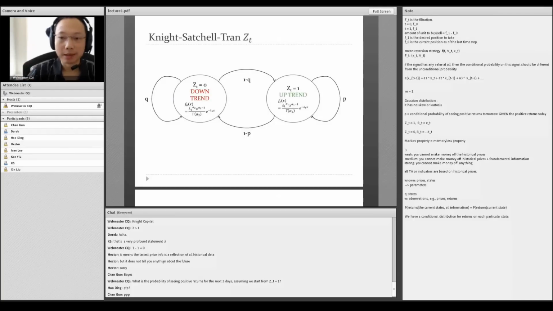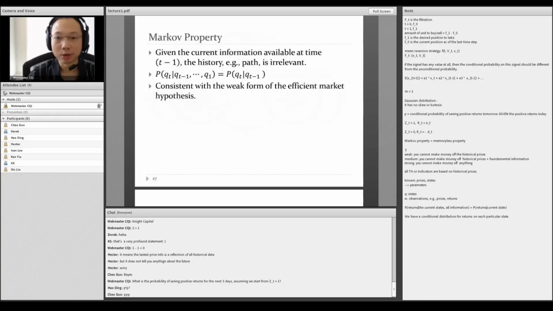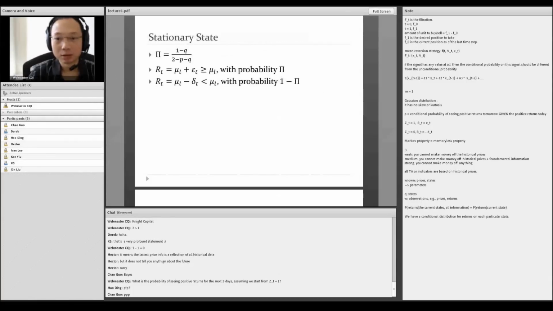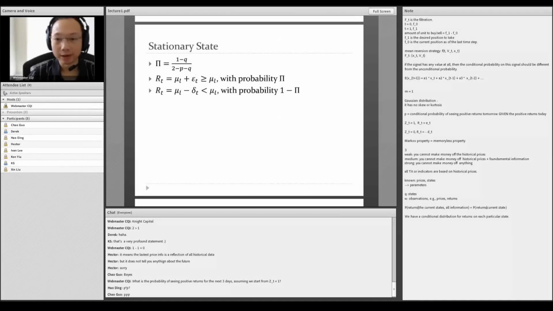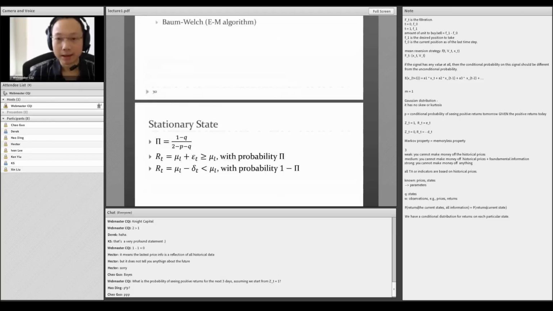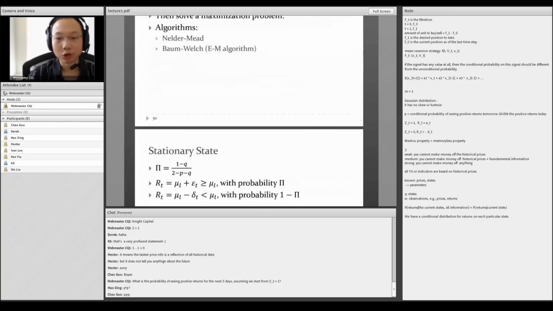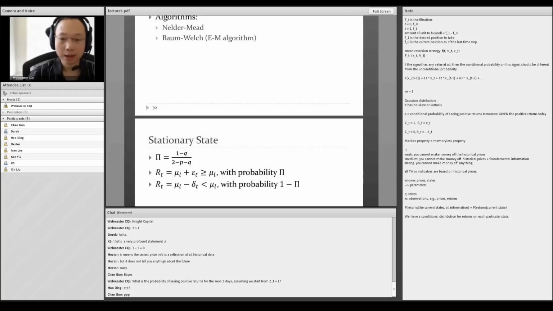This is the stationary probability of whether we are in a positive state or a negative state as t goes to infinity. It says: assuming I don't know anything, what's the probability that I'm in a positive return state, and what's the probability that I'm in a negative return state. So after you do this estimation procedure, you can answer all sorts of questions about the Markov chain. You know exactly the probability distribution of the returns of the asset.